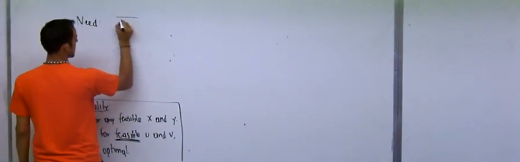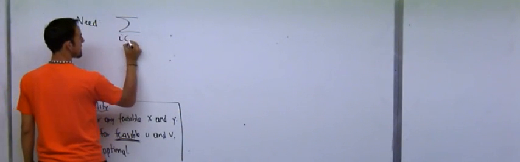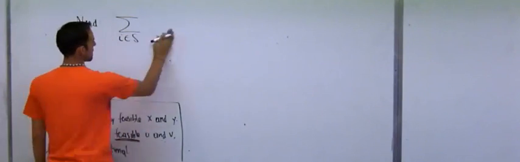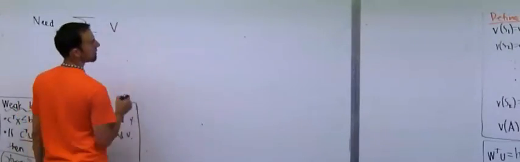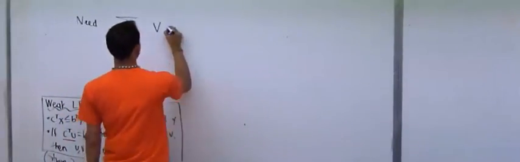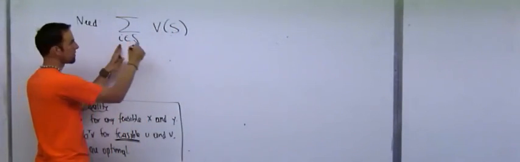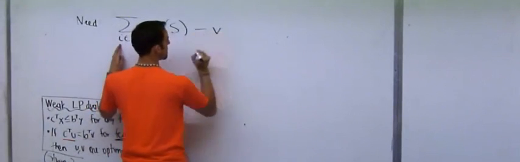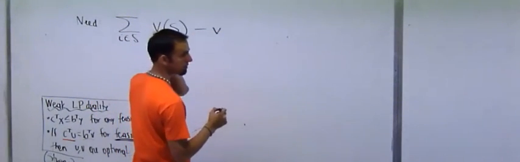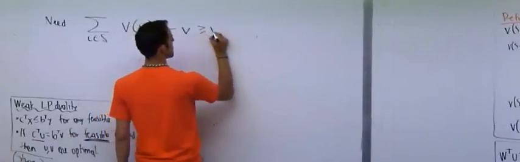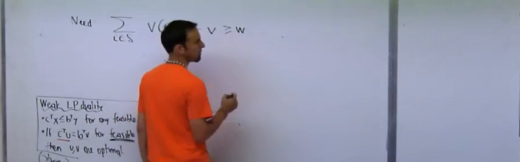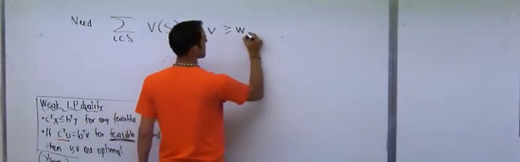I need that for all i, the summation over all S containing i of V of S, minus V, is larger than or equal to W sub i.